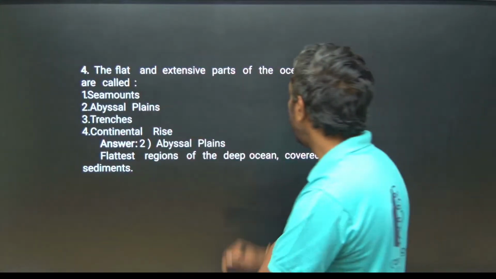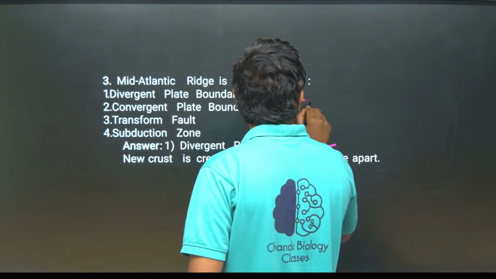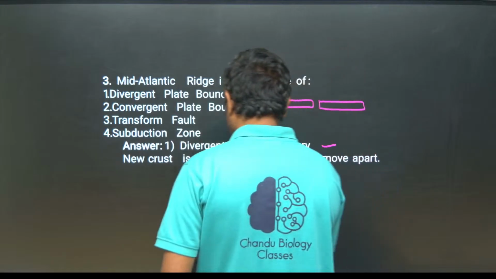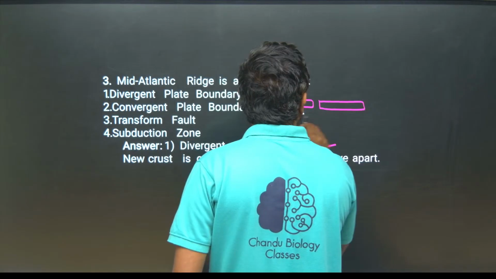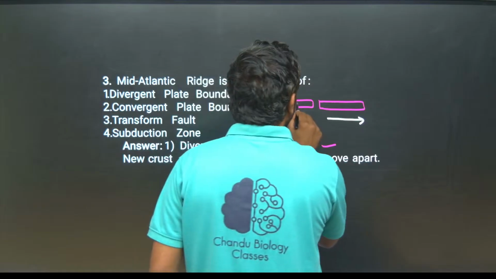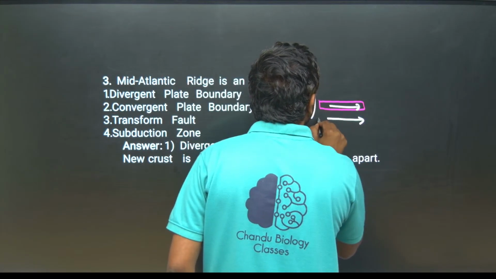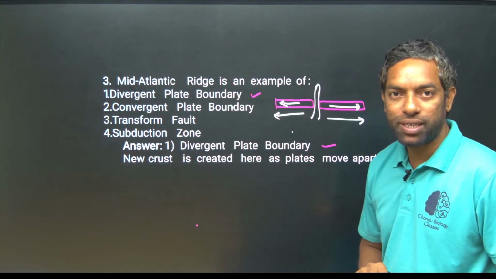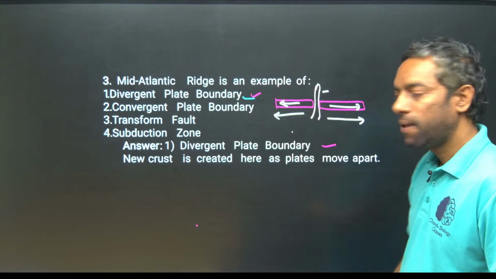Divergent means the plates move away from each other, creating a place where deposition happens. This is the divergent plate boundary.